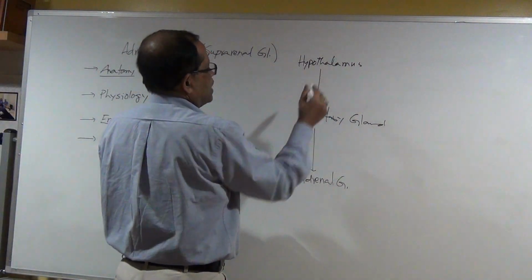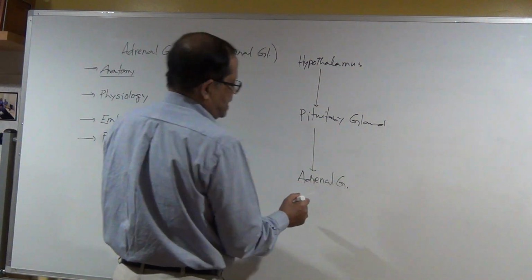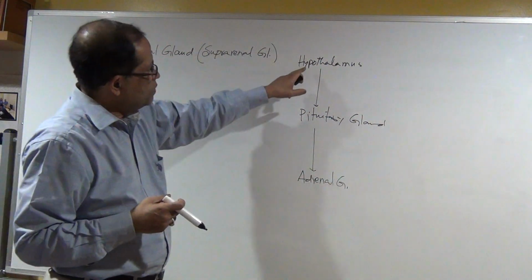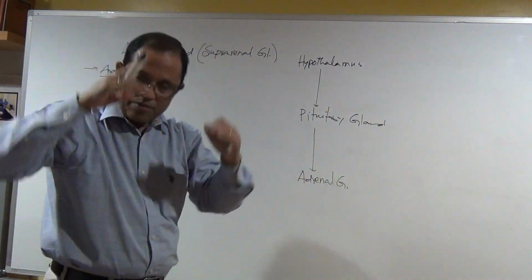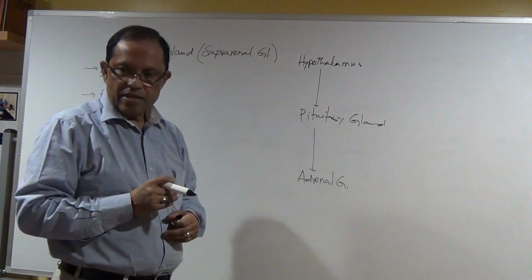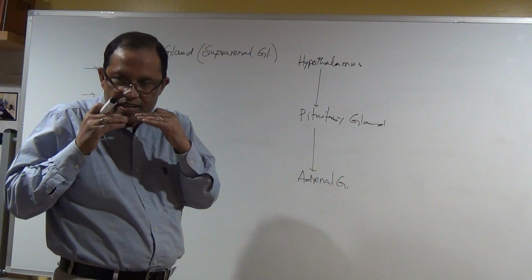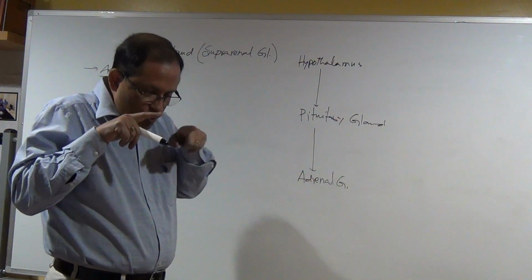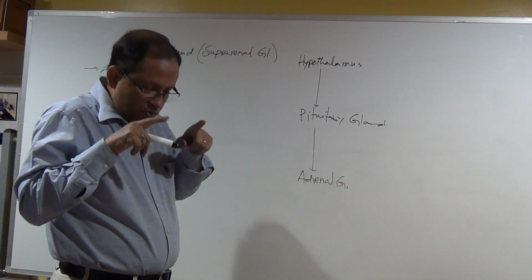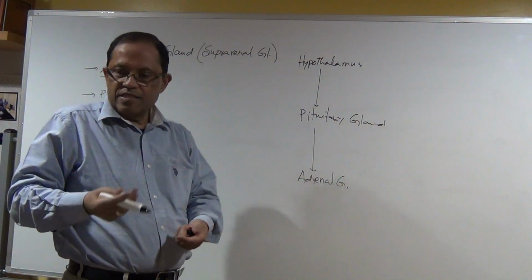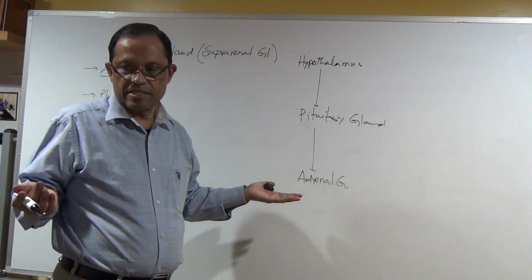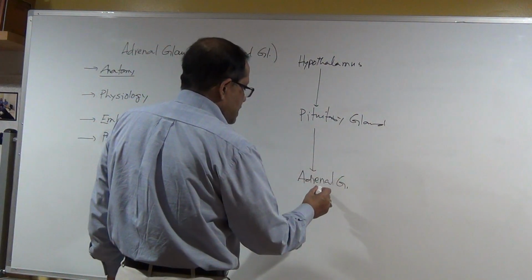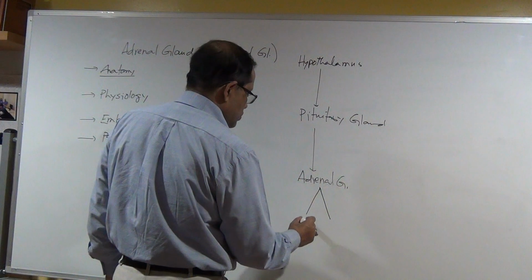So now, the hypothalamus, pituitary and adrenal gland are all endocrine glands. The hypothalamus is in the brain, just below the thalamus. The pituitary gland is at the base of the brain, at the site of the optic chiasma, where the two optic nerves are. And the adrenal gland is the one we are just discussing, the suprarenal gland. This adrenal gland produces hormones.